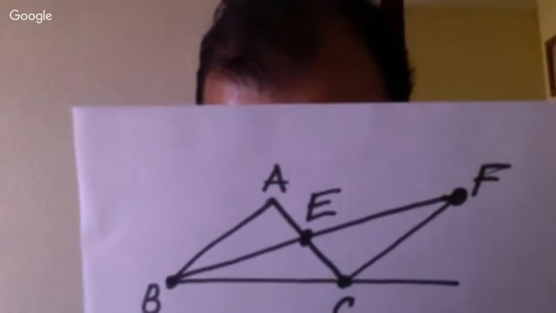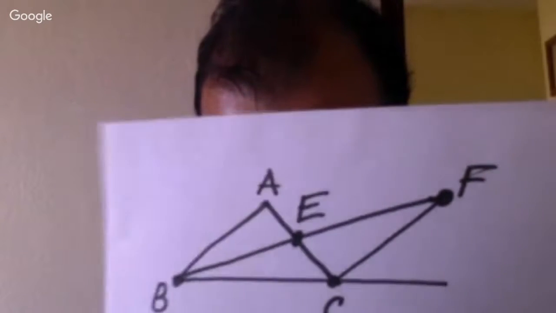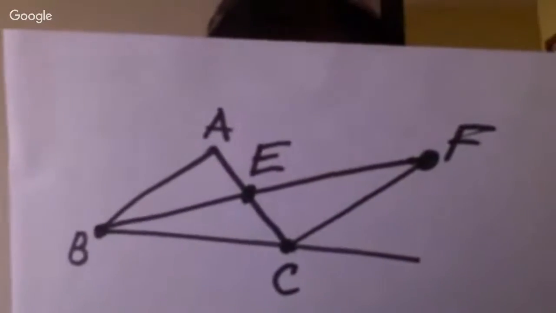So we extended BE and produced EF, both the same size. Once we look at it carefully, after constructing the midpoint E that bisects the side AC, Euclid then extends BE past E and uses proposition 3 to choose point F on that line such that EF is the same length as BE.